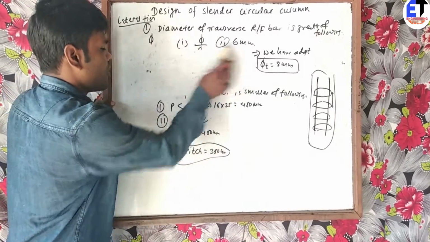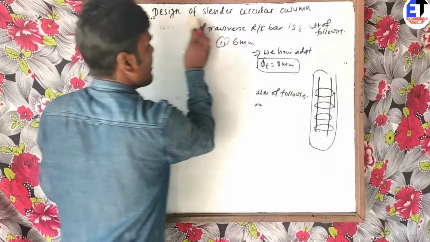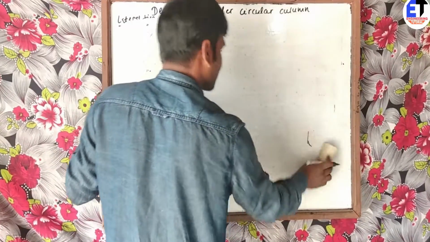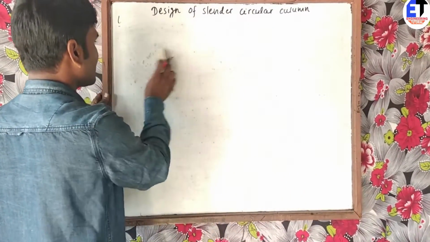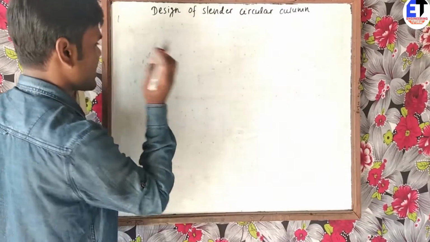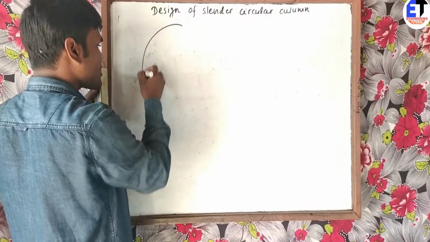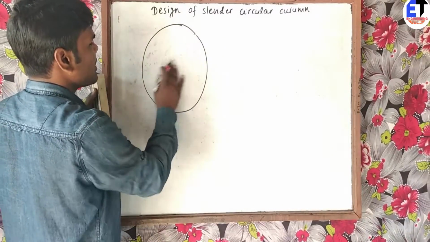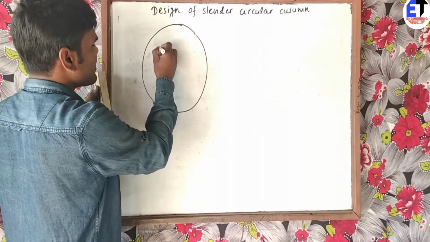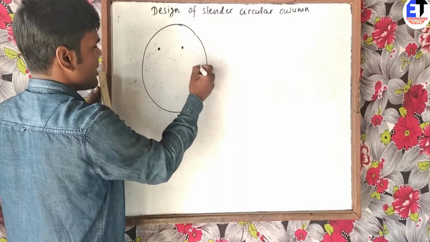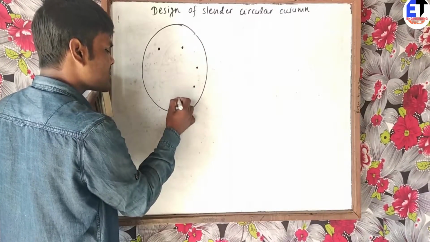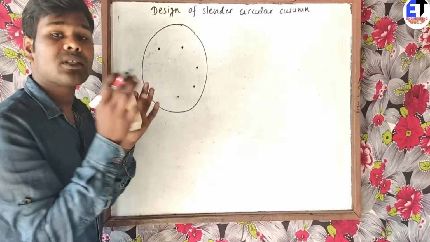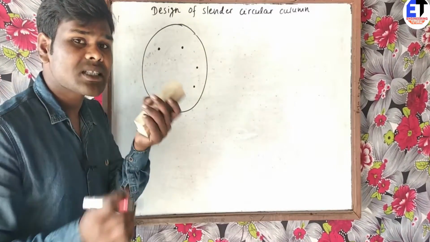Now, what should it look like when we see this structure from the top view and front view? Let's sketch the details. Here this is the circular column, correct? There are 6 bars available. The minimum number of bars required for a circular column is at least 6.